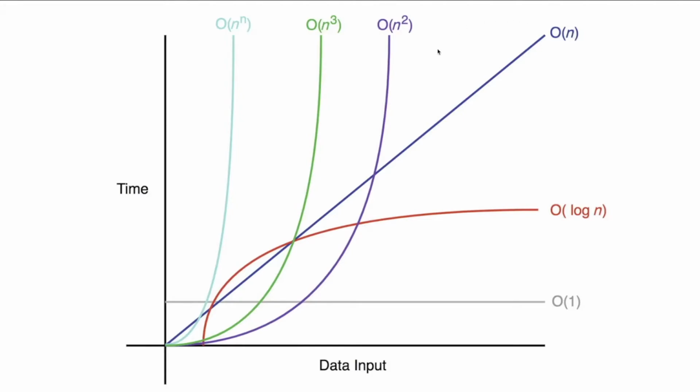There are some other complexities which are like order of n square and n cube, where as the input size increases, the time taken to complete that function increases exponentially.